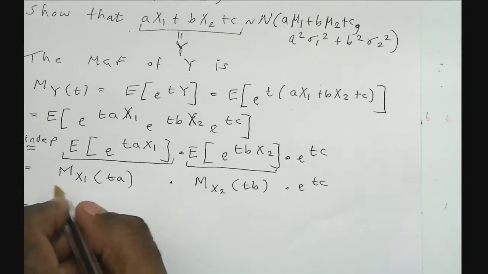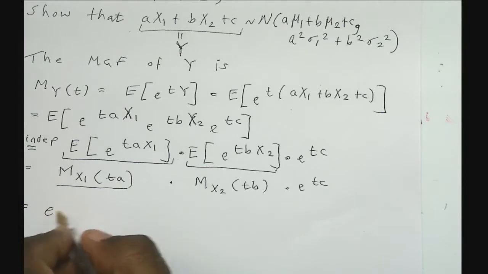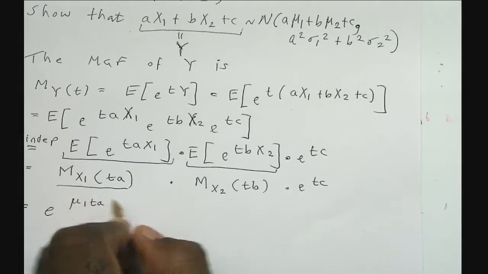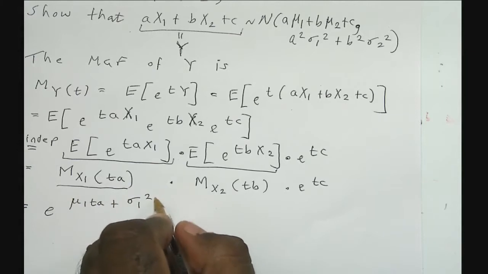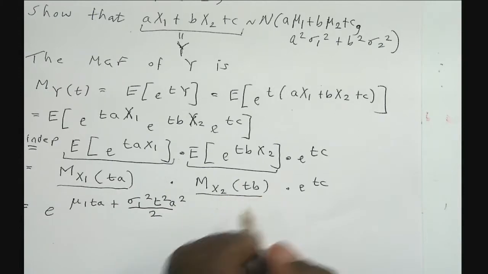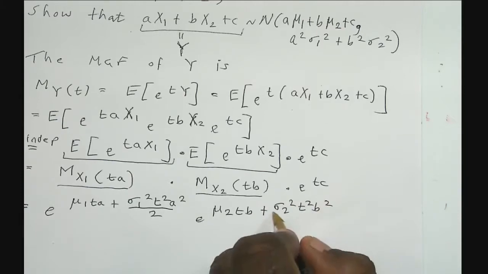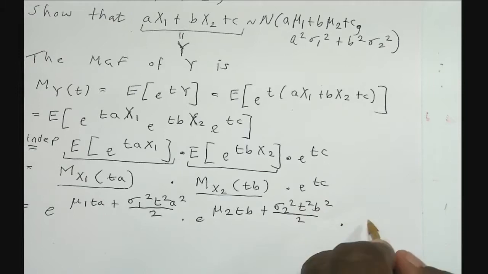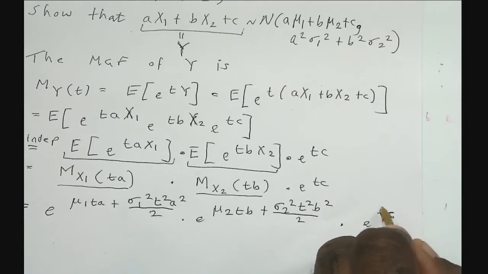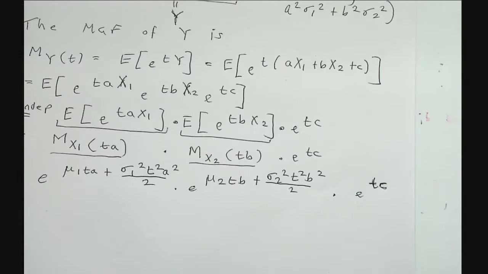So by this formula, this guy here will be mu1 ta plus sigma 1 squared t squared a squared divided by 2, and this guy will be mu2 tb plus sigma 2 squared t squared b squared divided by 2, times tc. Are you guys with me or not?